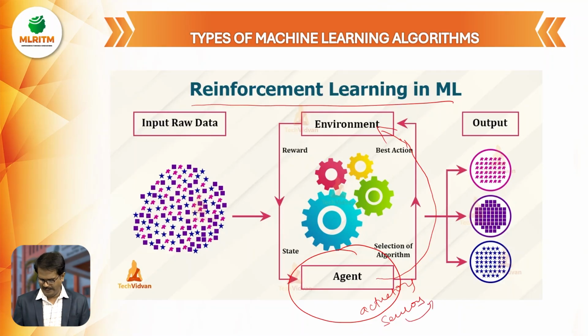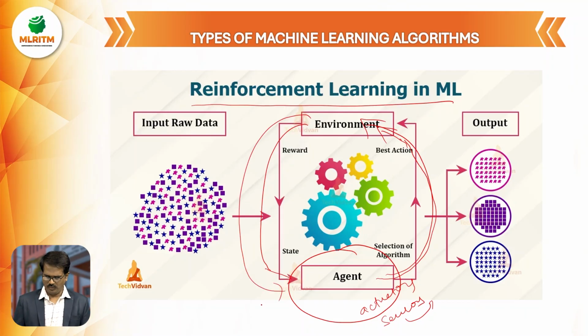Through the sensors, it grasps the perceptions from the environment and does the actions with the help of actuators. For the best action, it will get the reward. Whenever it performs a particular action on the environment, the state of the environment must change, right? So again, it will choose another best action and perform it in the environment. Again, for that also it will get the reward. Sometimes, suppose that action is not good, then it will get the penalty also.